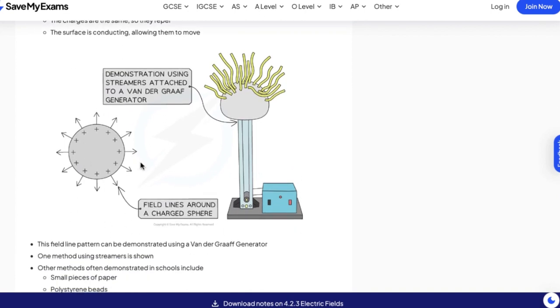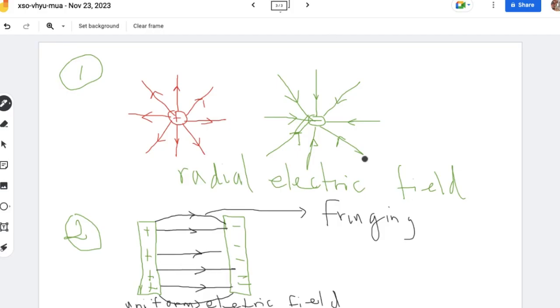Okay, this is a charged sphere. A normal sphere is like this. Let's say we take a sphere. For a normal sphere, what we have is positive, negative, negative, positive, all spread across here.